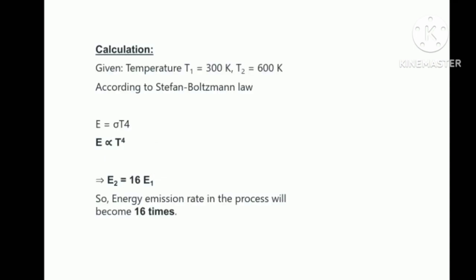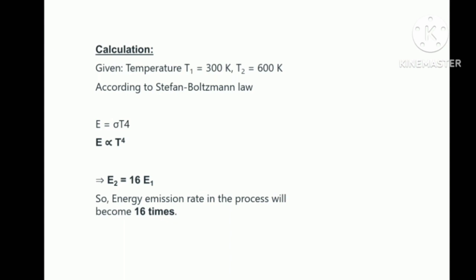In the question, temperature values are given. T1 is equal to 300 Kelvin, T2 is equal to 600 Kelvin. According to Stephen Boltzmann's law, energy density is directly proportional to the fourth power of temperature.